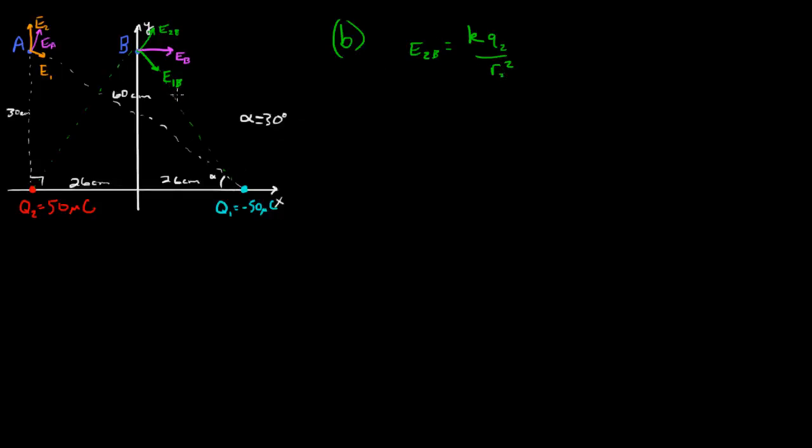And so that's going to make both of these vectors the same length because they both have the same magnitude for the charges. And that's how I know, just going into the problem, that EB is going to point directly to the right. If this were slightly less than 50 microcoulombs, this vector wouldn't be quite as long, and you'd end up with an EB that points above the x-axis.